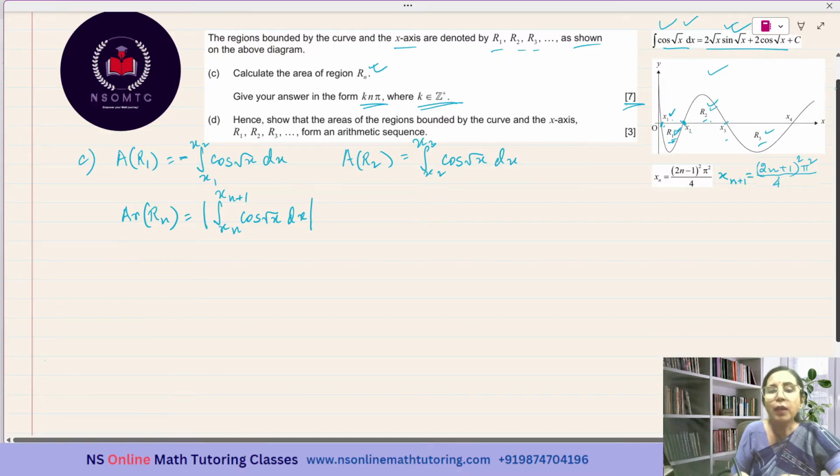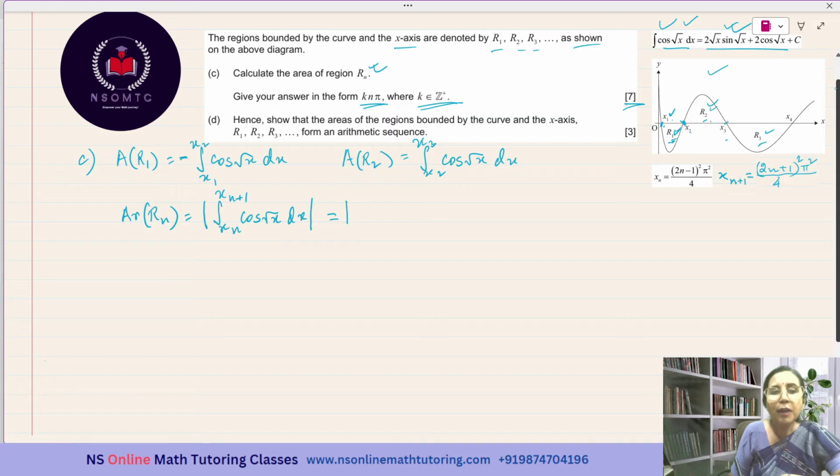Okay. So we will be just copying this right now, and I will be writing it as the integral of x cos root x, which is 2 root x sine root x plus 2 cos root x plus c. In fact, the c will get cancelled because it is a definite integral.